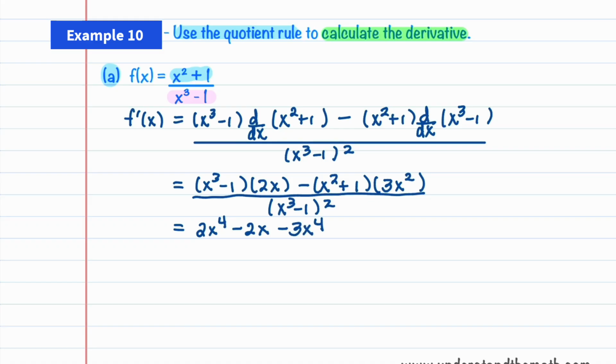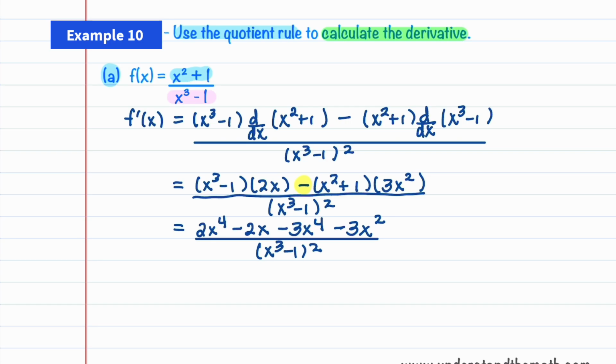And then the last term is going to be 1 times 3x squared, and that gives us a minus 3x squared. Make sure that you remember that this minus term is going to carry over to both terms. And then all of this is divided by x cubed minus 1 squared.